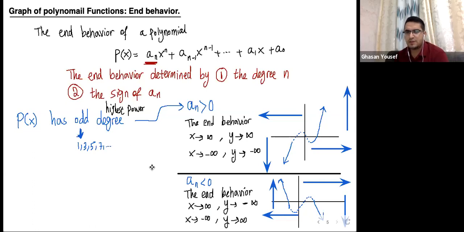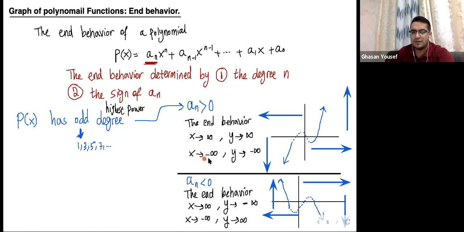Yeah, it's confusing. You should memorize all these rules. Again, first of all, the degree of b of x is odd. When the coefficient is positive, when x goes to infinity, the y value becomes larger.